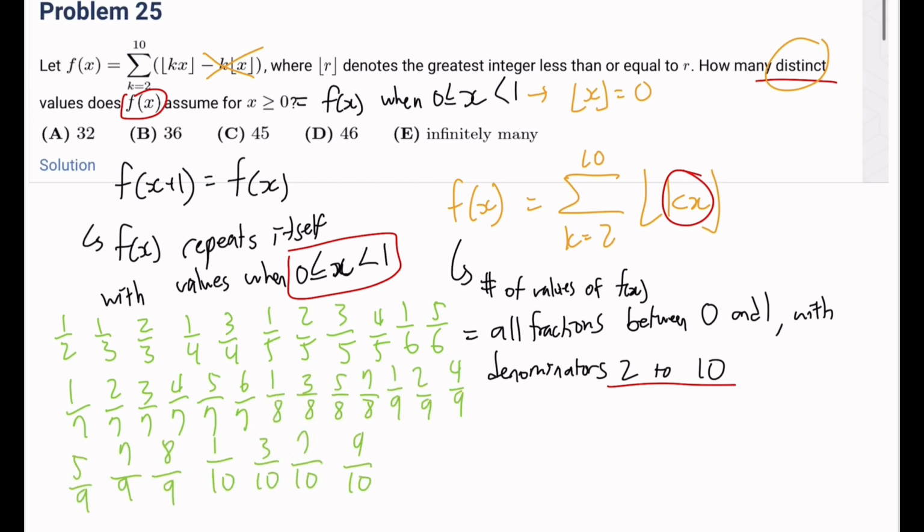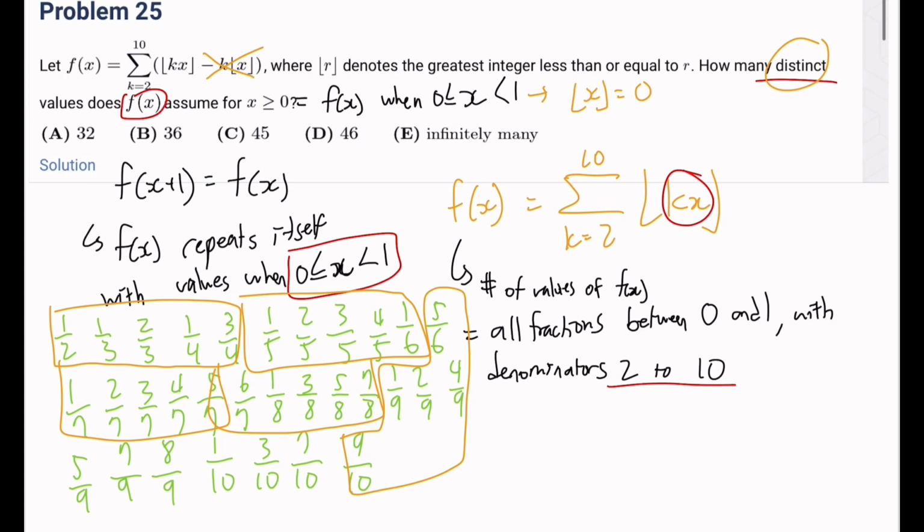And so let's count these numbers. We have 1, 2, 3, 4, 5, 6, 7, 8, 9, 10, and we have 15, 20, and we have 25, and we have 30, and we have one more, so we have 31 values, right?